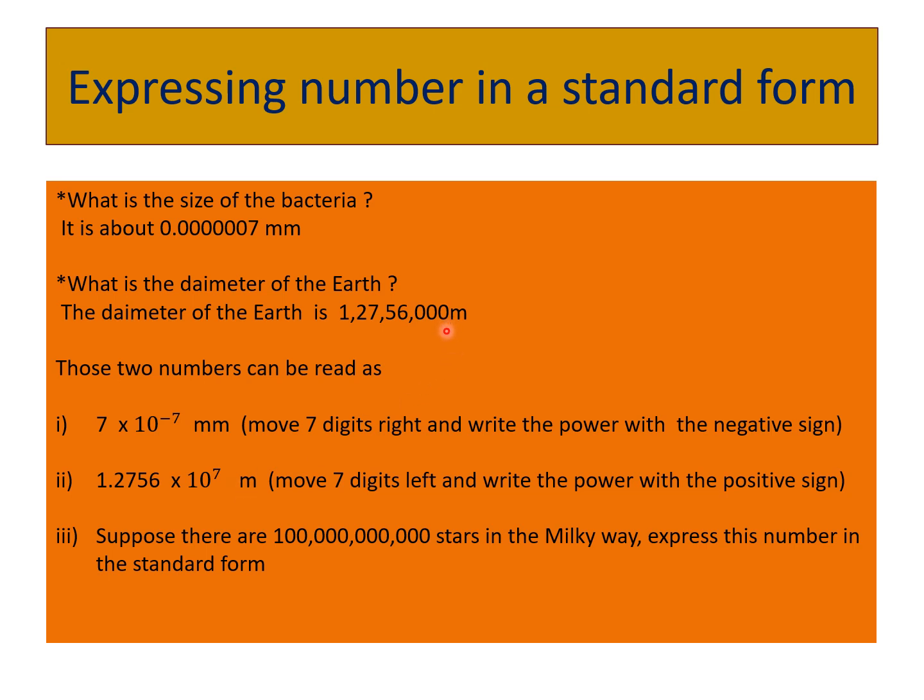How many digits have I moved here? 1, 2, 3, 4, 5, 6, 7. So 7 digits I have moved, as I want only one whole number before the decimal point, which is shown here. So 1.2756 into 10 power 7 meter, with the positive sign, moves 7 digits left.